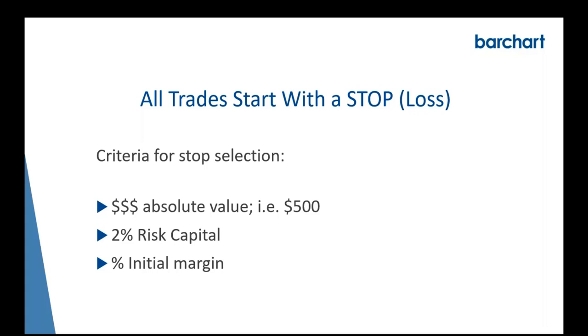We don't want to take a lot of losses, so we'll look at how much margin we put up. But I never want to use more than, let's say, 50% of my margin. If I'm taking more than 50% of my initial margin to take a trade, it's probably too risky of a trade for me, and then I need to find some other ways to eliminate some of that risk.